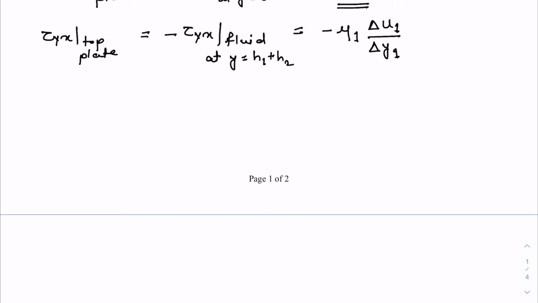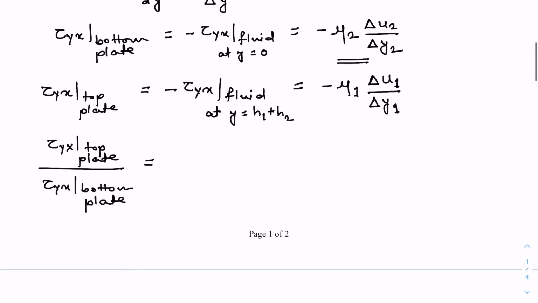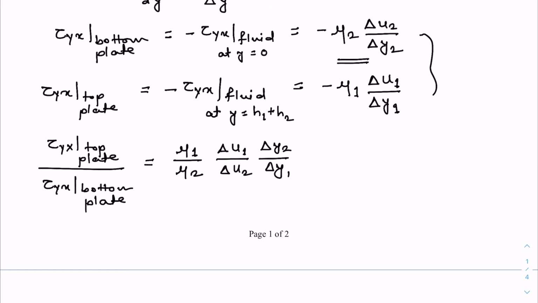So if we take the ratio of these two, tau yx on the top plate divided by tau yx, that is the shear stress on the bottom plate, is simply equal to the ratio of these two, which comes out to be mu1 divided by mu2 times delta u1 divided by delta u2 times delta y2 divided by delta y1.